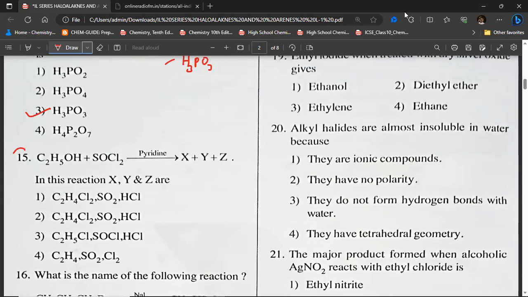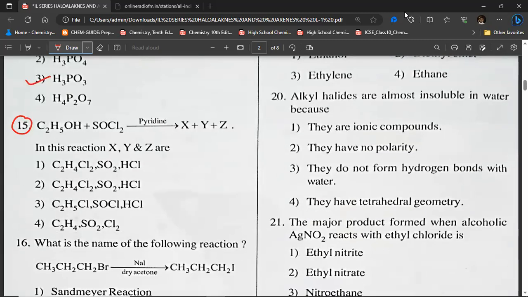Again, the 15th question is similar to Darzens' method. We have the same, only in the presence of pyridine, thionyl chloride gives a pure form of ethyl chloride, sulfur dioxide, and HCl. So X you can consider as C2H5Cl, Y as sulfur dioxide, and Z as hydrochloric acid.